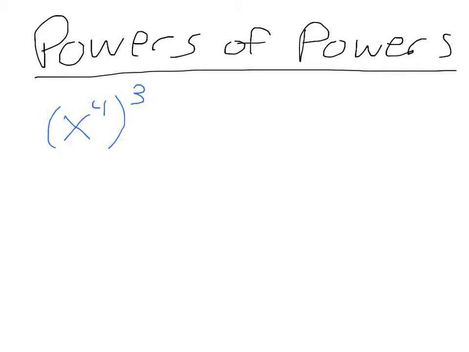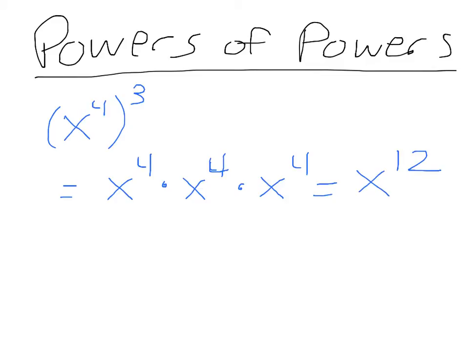It means x to the fourth times x to the fourth times x to the fourth. We know from last lecture that we're multiplying three powers that all have the same base, so we're just going to add the exponents. That would be x to the 4 plus 4 plus 4, which we obviously know is 12.